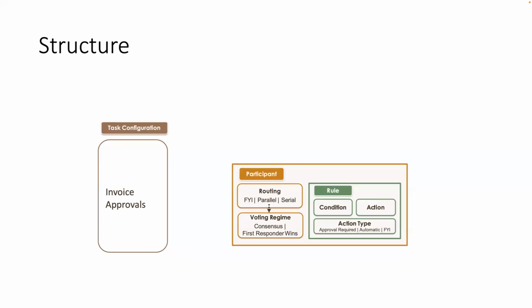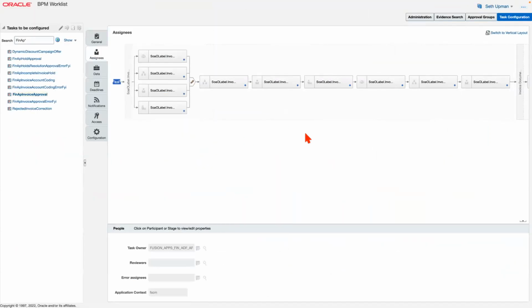So I have the option of consensus, which is everybody acts, or first responder wins, which is my single. So you have what is called a voting regime within this routing. It seems complicated, but it's not that complicated once you try to understand what is going on.